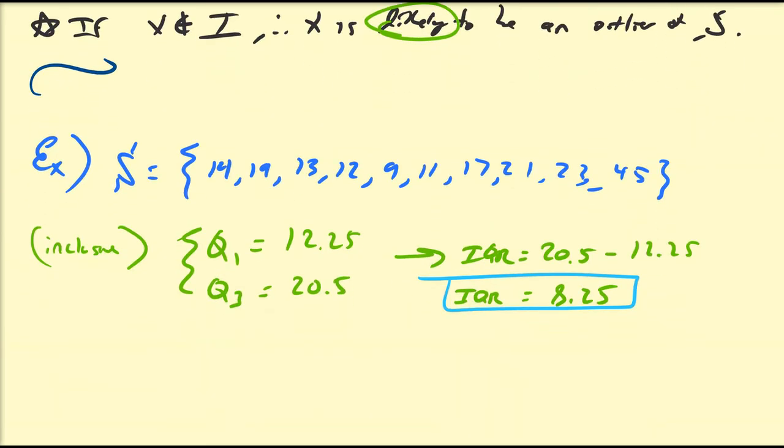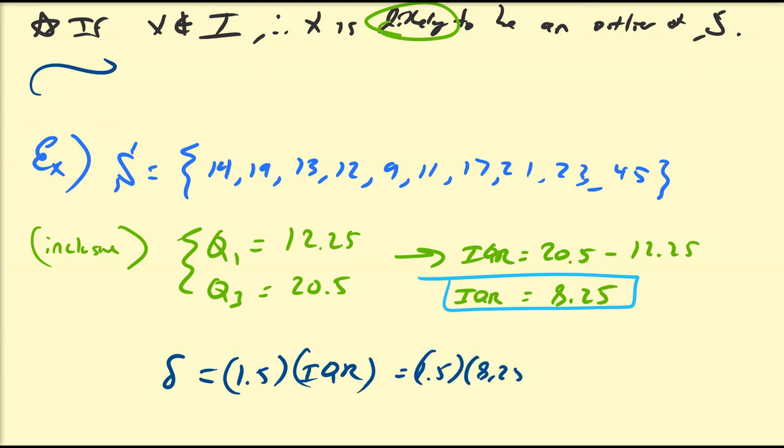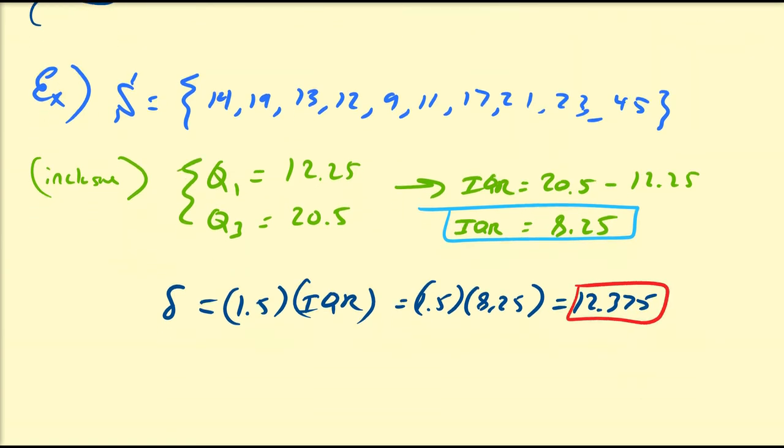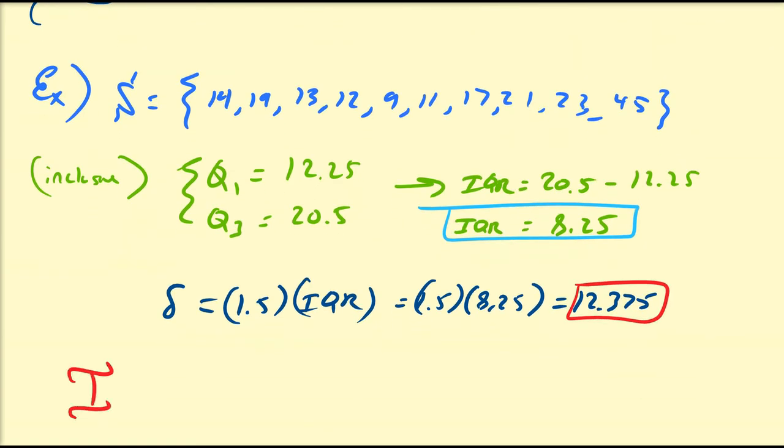Therefore the distance of our outlier detection interval is going to be 1.5 times the interquartile range. So this is going to be 1.5 times 8.25, which is equal to 12.375 once you calculate that out. Therefore our interval for outlier detection, remember, is Q1 minus delta and Q3 plus delta.